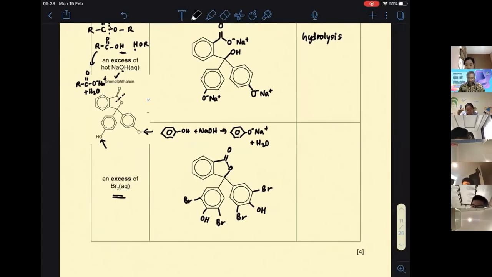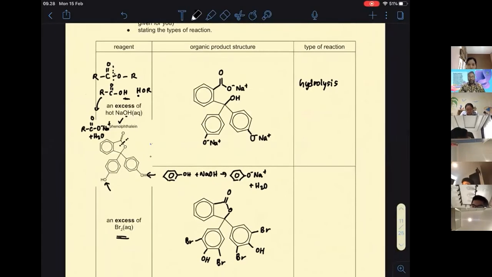Now, I understand the question that Aneta mentioned about the type of reaction, because the type of reaction can be neutralization, hydrolysis, elimination, and so on. But in this case, we are going to substitute. It's a substitution reaction. But there is no special reaction like we don't call it bromination.